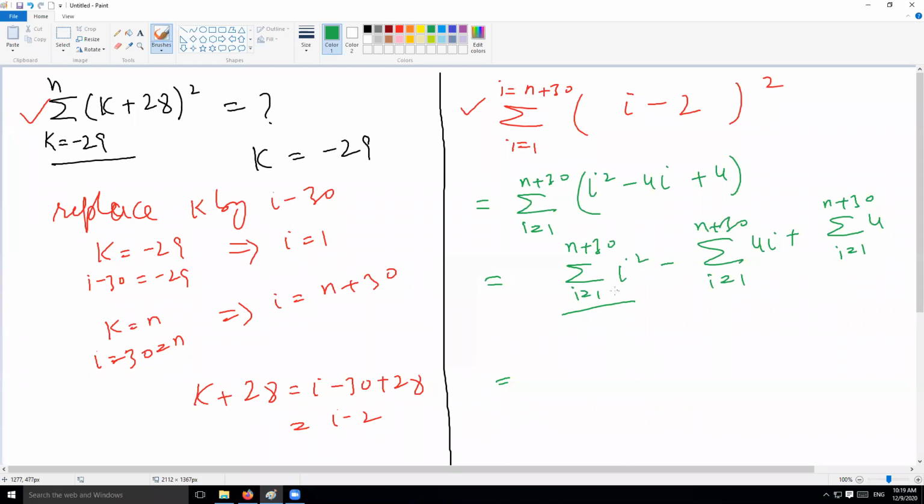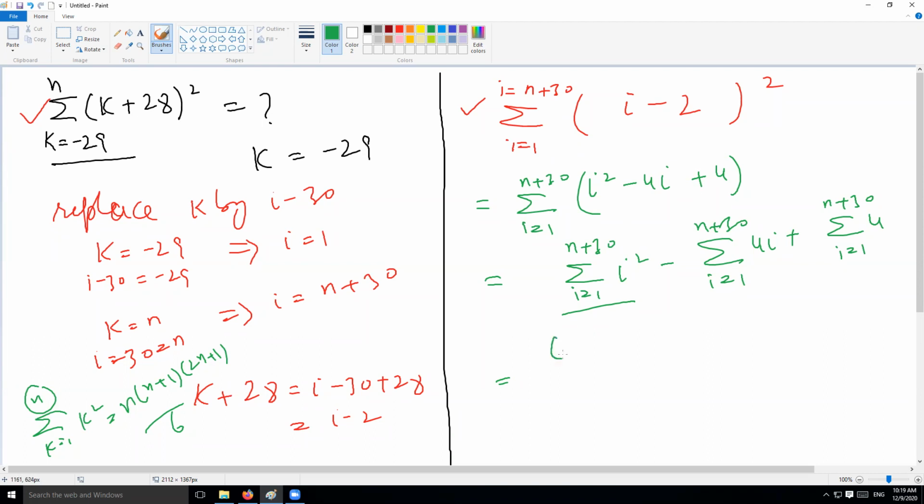This is the same as the sum from k equal to 1 to n of k squared, which I know is going to be n times n plus 1 times 2n plus 1, all divided by 6. So what would this sum be? You ask what the last term is, so it's n plus 30.